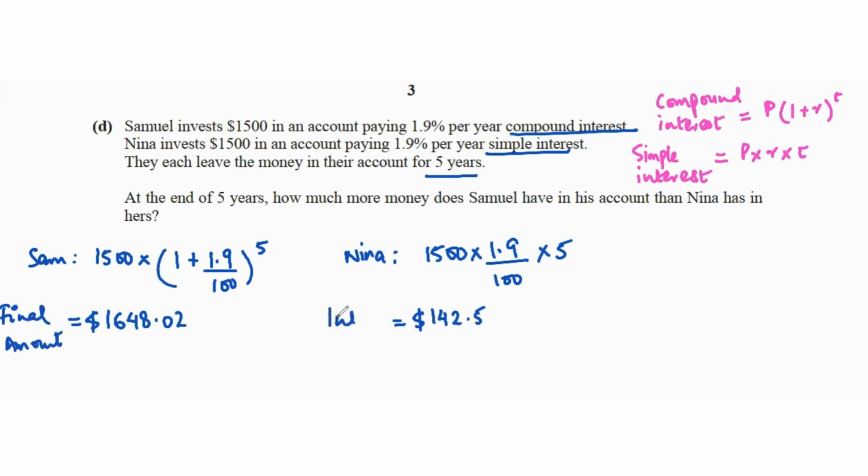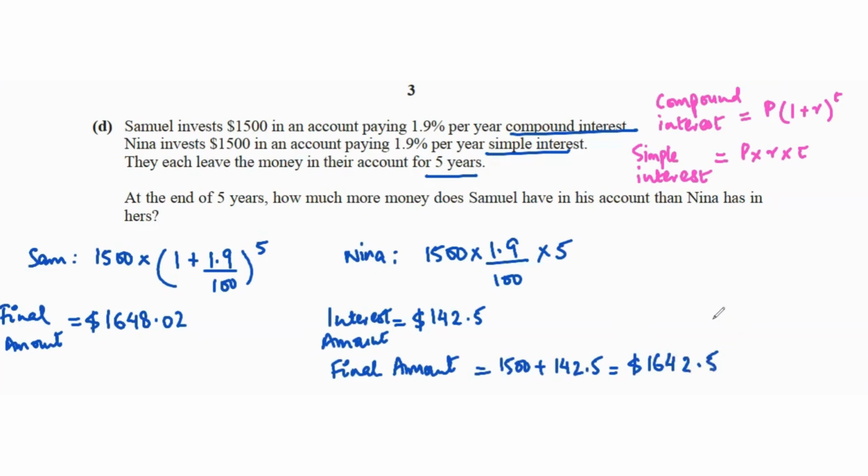This is the interest amount for Nina. So the final amount for Nina is going to be the sum of 1,500 and 142.5, which is going to equal 1,642.5.